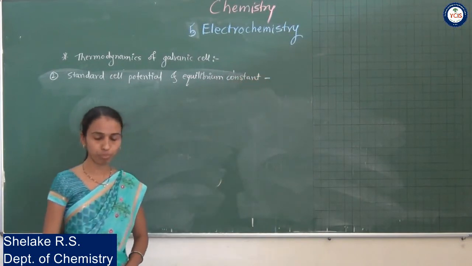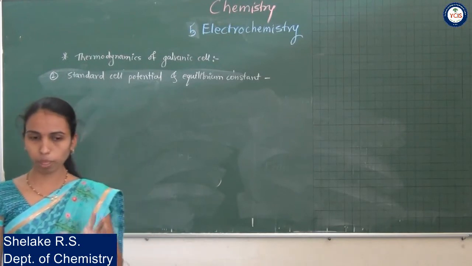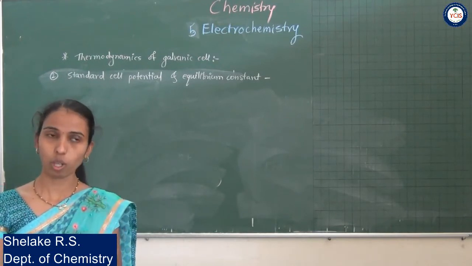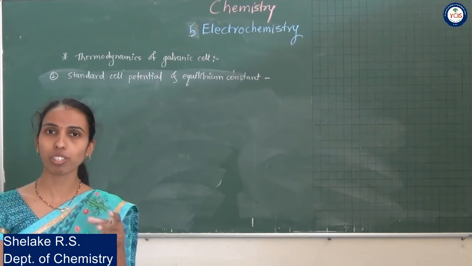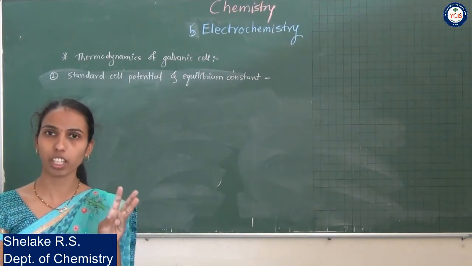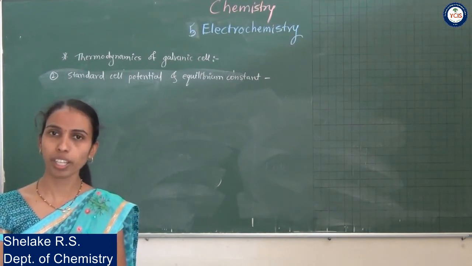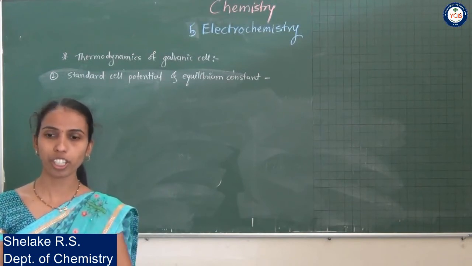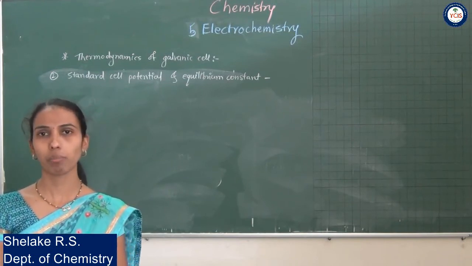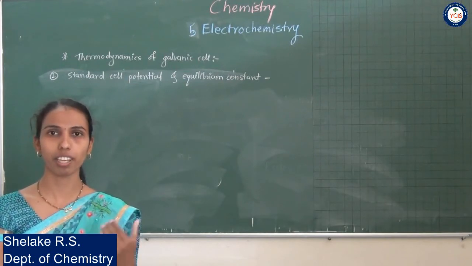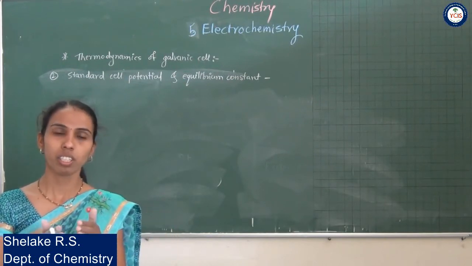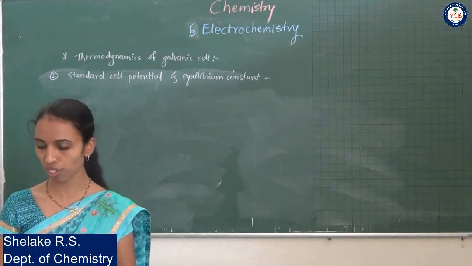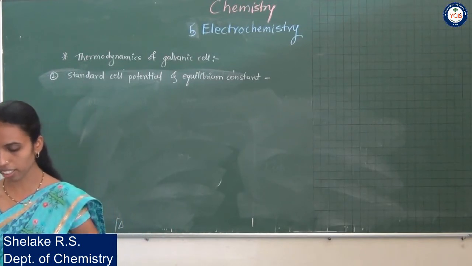Equilibrium constant. This equilibrium constant word, the meaning of equilibrium constant you have studied in two chapters like ionic equilibrium मध्ये पण आहे, thermodynamics मध्ये पण आहे. फक्त त्याचे जे एक्सप्रेशन्स आहेत अकॉर्डिंग टू ionic equilibria is different. thermodynamics मध्ये त्याचं जे एक्सप्रेशन आहे ते डिफरंट आहे. Now here we have to study the relation between the equilibrium constant and the standard cell potential.